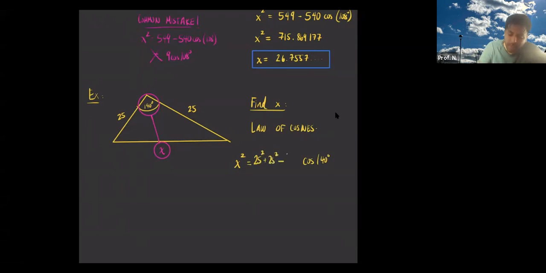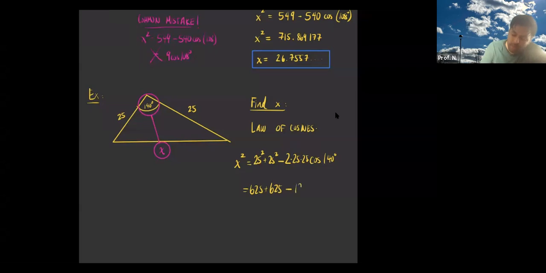Then I subtract from that double multiplying 25 with 25. So I get 625 plus 625 minus 2 times 625, which is 1250, right?